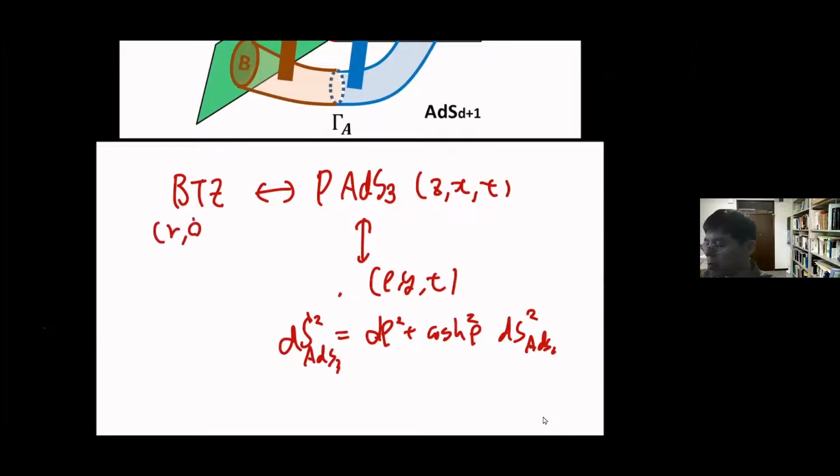Maybe if we write this in a symmetric form, you have a coordinate system and you can go this way. Is this okay? And so you can also do KK reduction.